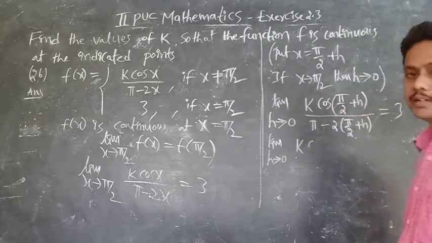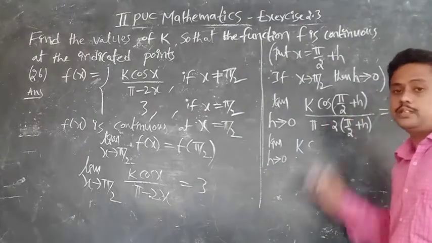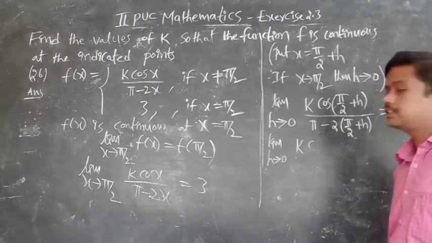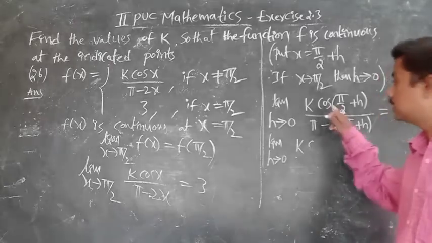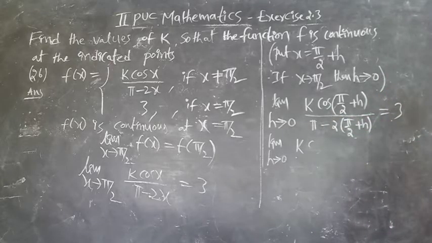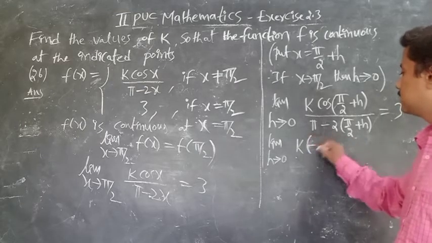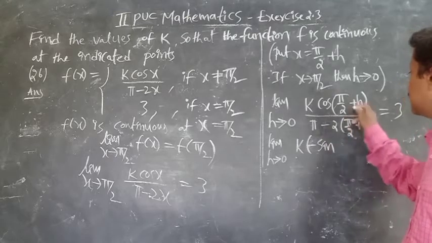Cos 90 plus theta: which quadrant? Pi by 2 means 90, so 90 plus h is in the second quadrant. In the second quadrant cos is negative, so take a negative value: minus sin h.